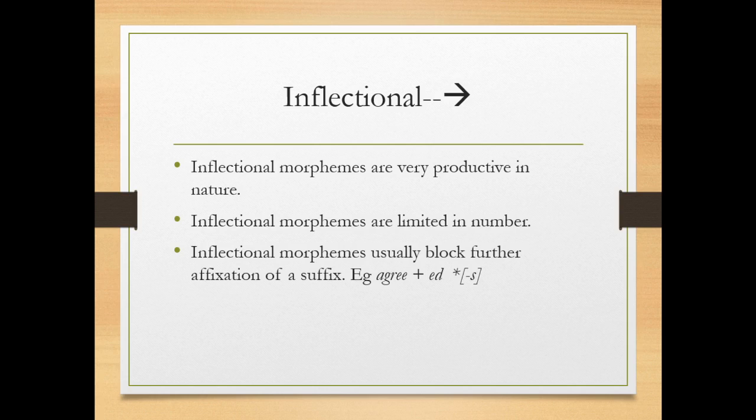Er and est can be added to many adjectives to make them comparative and superlative degree. In the same way ed and ing can be added to many verbs. Inflectional morphemes are limited in number. They are just 8 in English, and they block the affixation process because when we add an inflectional morpheme, we cannot add any other suffix after it.